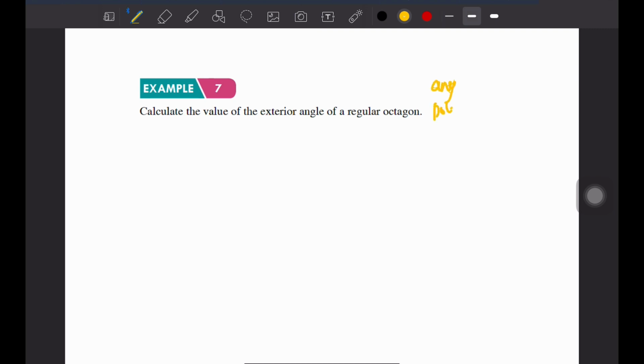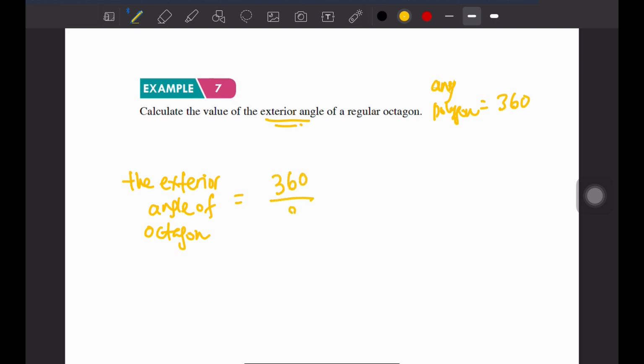So if we want only one exterior angle of an octagon, it is equal to 360 divided by 8, because an octagon has 8 sides. Press your calculator and your answer is 45 degrees.